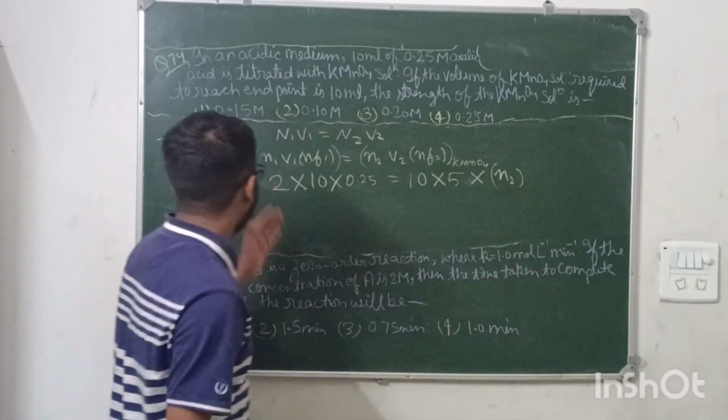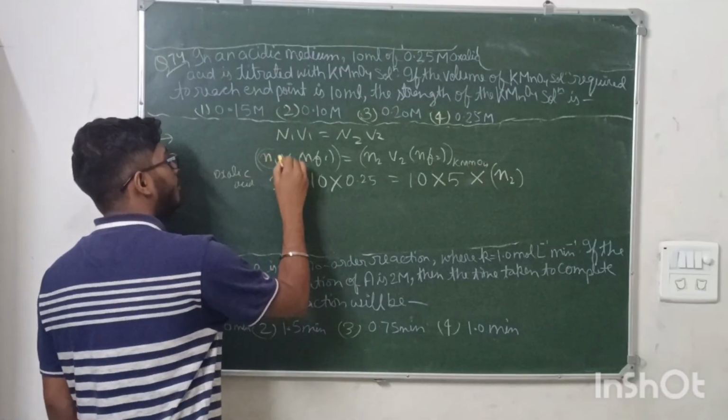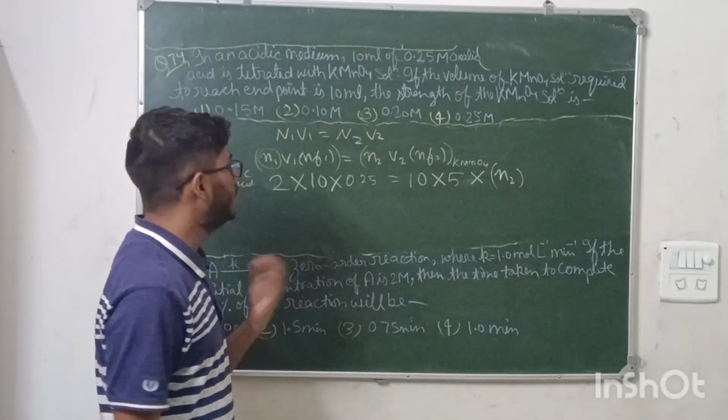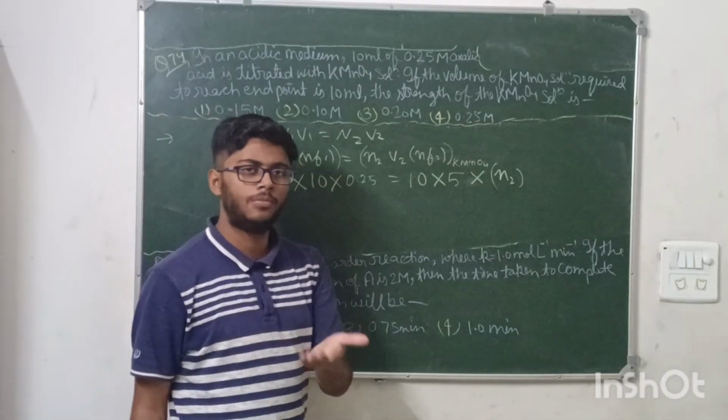Here the strength was 0.25 molar. I have denoted it by N1; you can denote it by M1, M2 also.